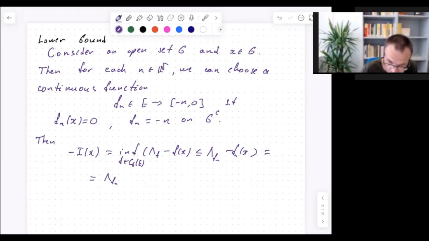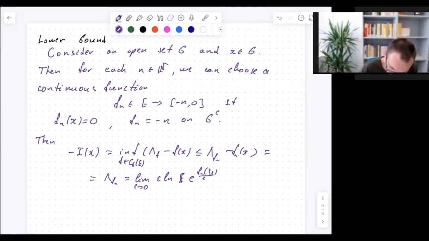But this lambda of fn is equal to the limit, with epsilon going to 0, of epsilon logarithm e to the power fn of psi epsilon divided by epsilon.